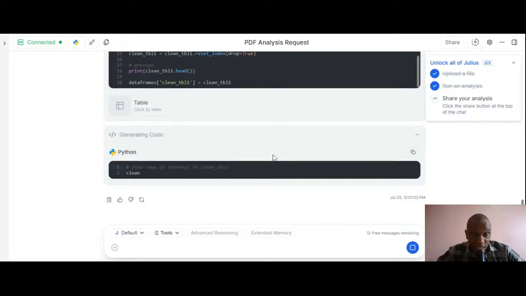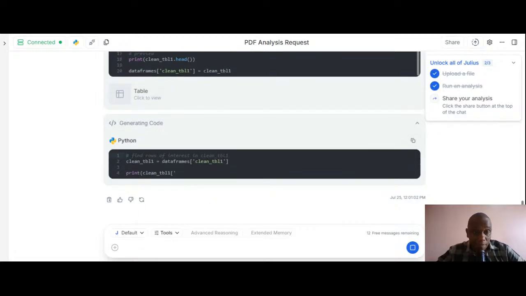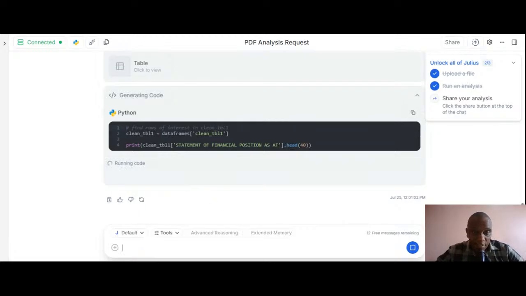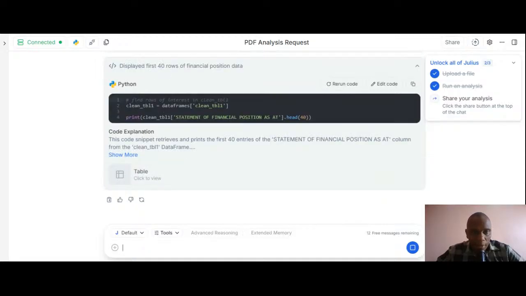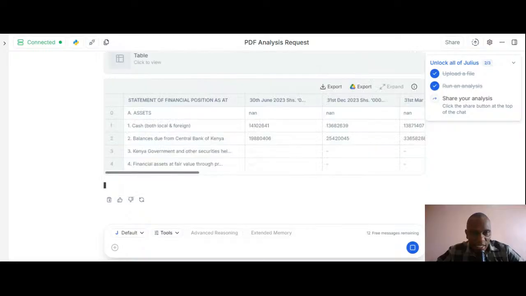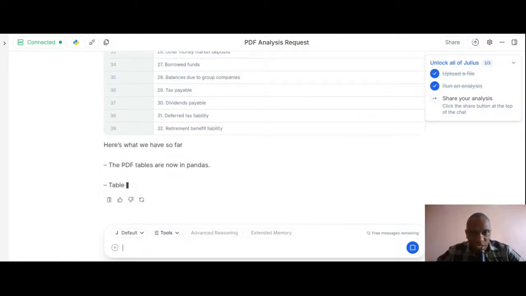You can see it is still continuing. Remember, I've given it a PDF of the financial statement of a bank. So it has to take some time to get the information from that PDF. Remember, the PDF was not in Excel.